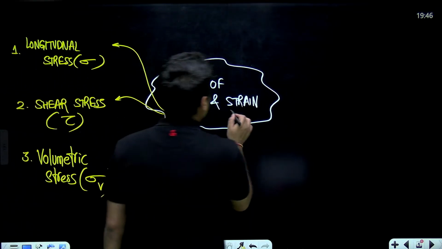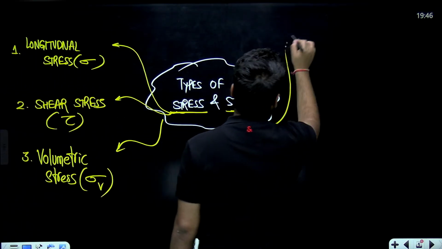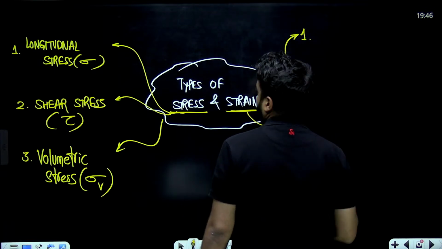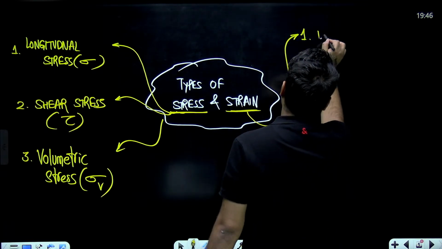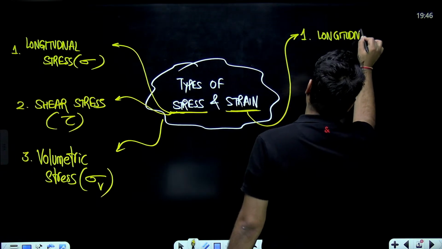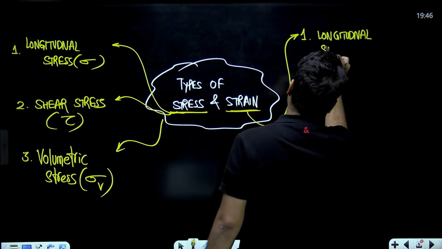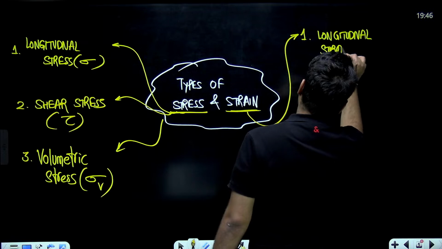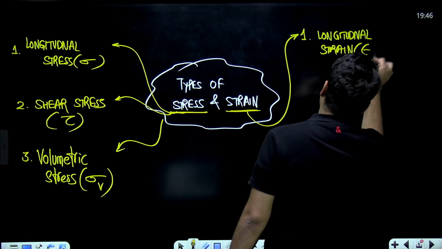When you talk about strain, majorly there are three types of strains. First one is, if the longitudinal stress is there, then longitudinal strain, whose symbol is epsilon.